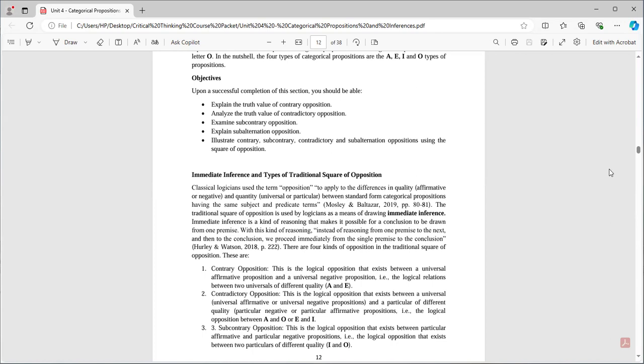You always say, oh, that's a contradiction. This is what constitutes a contradiction, where you make a claim in a universal affirmative proposition, and then you interact that with a particular negative proposition.